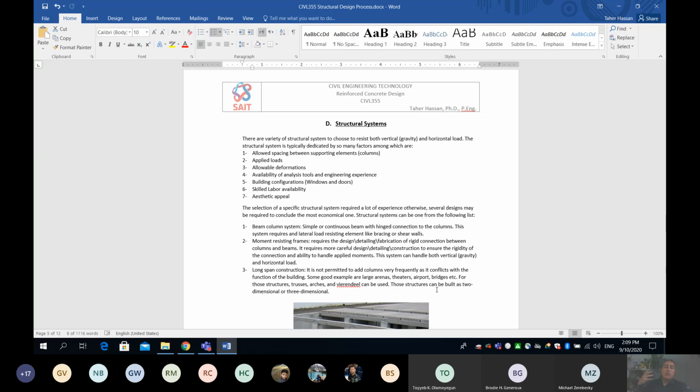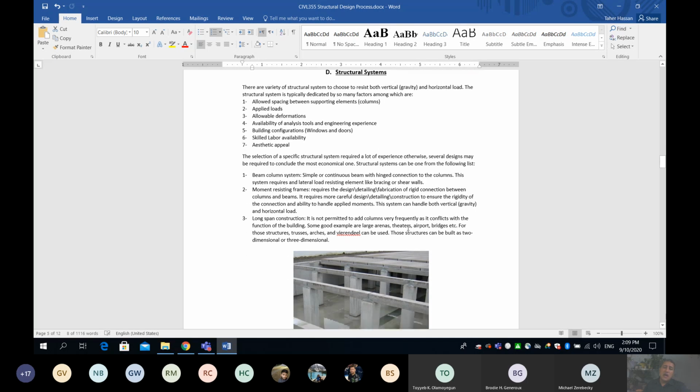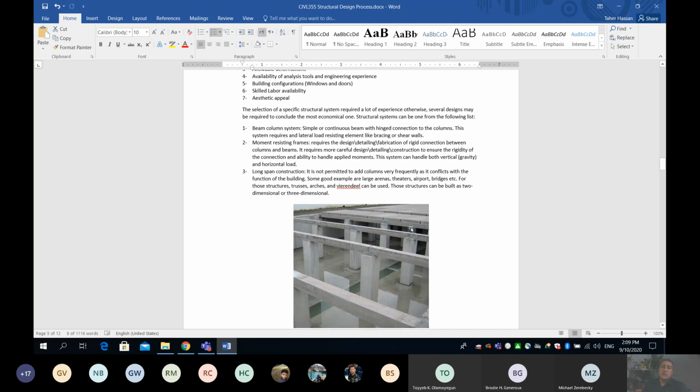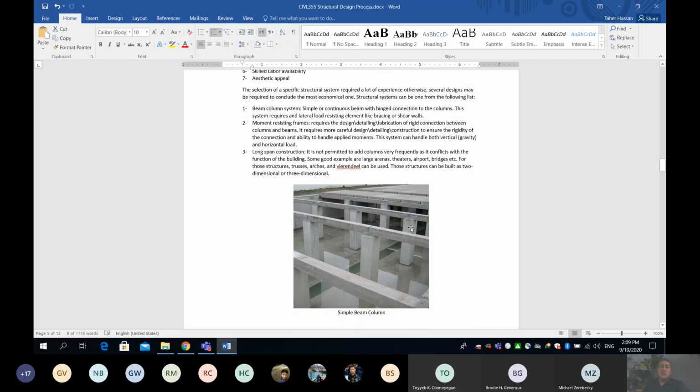Now let's talk about when we say structural system, what do we exactly mean? You can see here I prepared for you a list, which makes it very simple. Number 1 is the beam column system, which is very simple, and that's what we do for almost every structure that you will see.